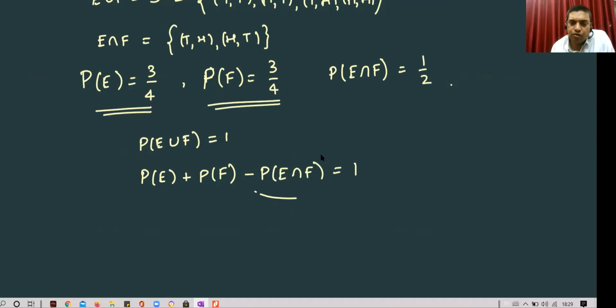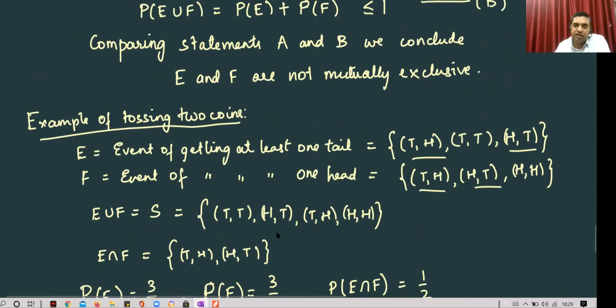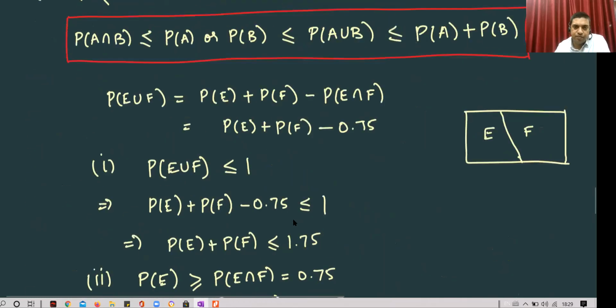If this is not 0, then P of E plus P of F will be greater than 1. So whenever the sum of the probabilities of two events is greater than 1, they cannot be mutually exclusive. If they are mutually exclusive, then this intersection term has to be 0. Understand? Yes, sir. Clear? Kedar, clear for you? Yes, sir. Clear, sir.